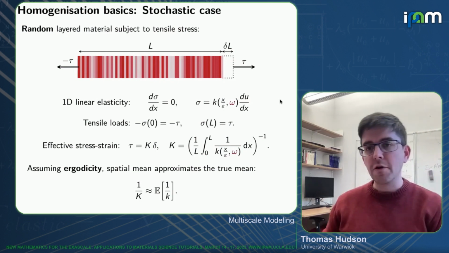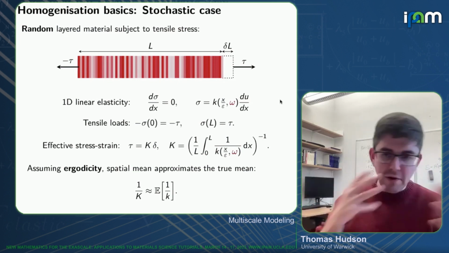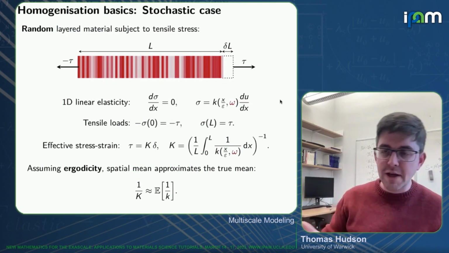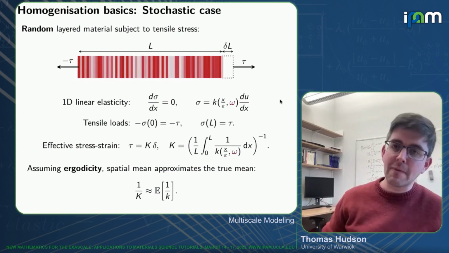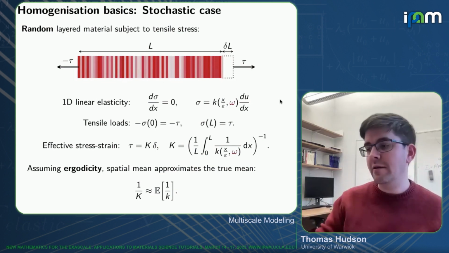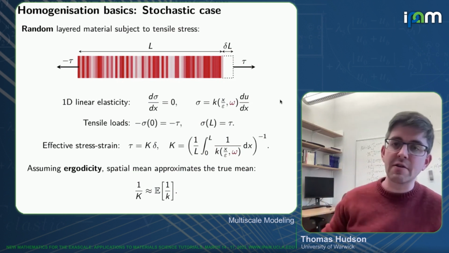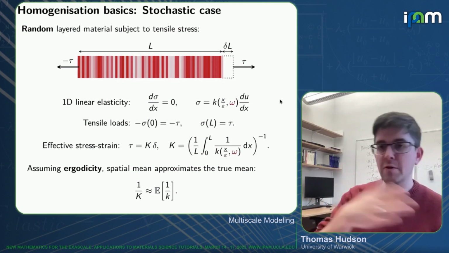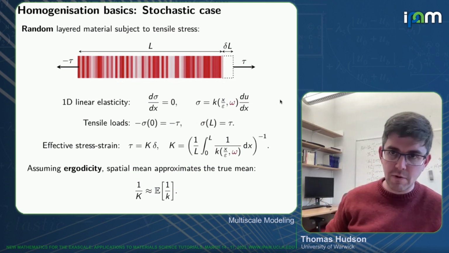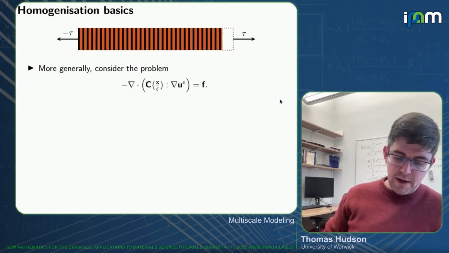Okay, so you can see that there's some nonlinear averaging process that goes on here, but nevertheless, there's some averaging process that allows us to say what we expect the properties of this random material to be, or what the properties of the periodic material should be.